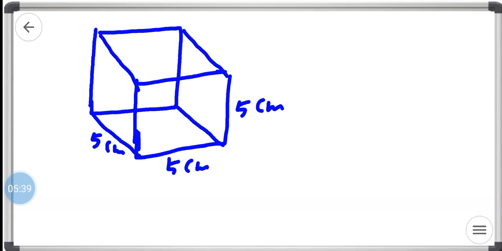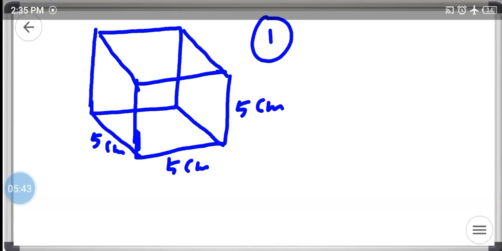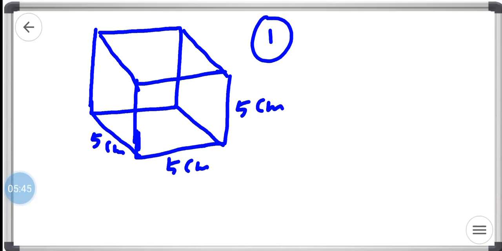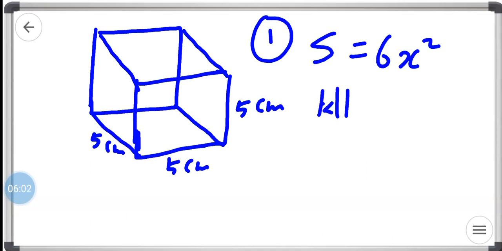So for question 1, we were told to calculate the surface area. Don't forget that earlier on I said the surface area S equals 6x squared. And from here, our x is 5 centimeter.